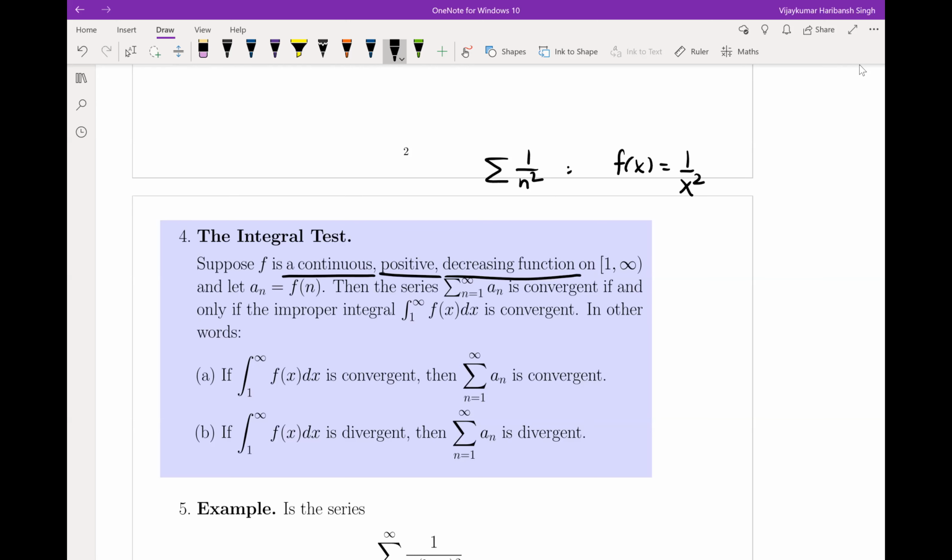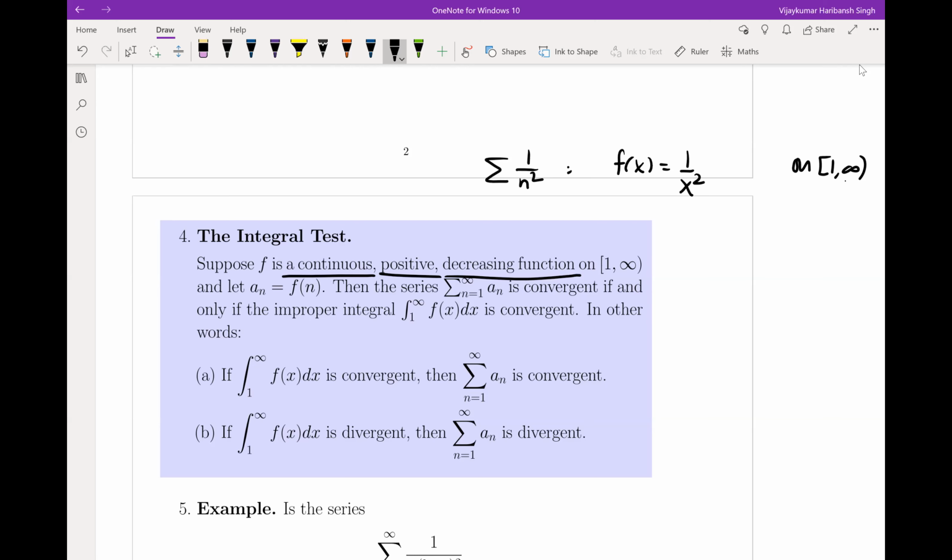This function on 1 to infinity is continuous, because it's a rational function, and rational functions are continuous on their domain. The domain of this function is all real numbers except 0, so in particular, it's continuous on 1 to infinity. It is positive because all the inputs are positive and you're squaring, so 1 over x squared is positive.